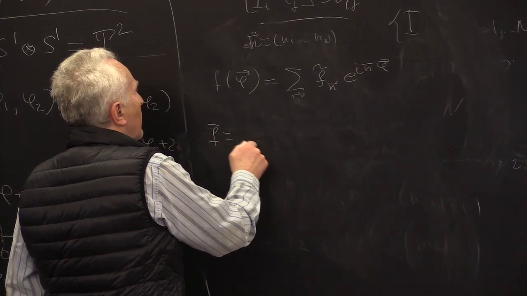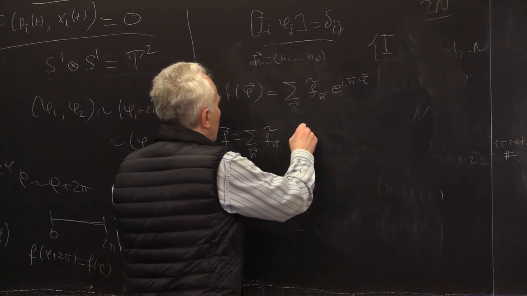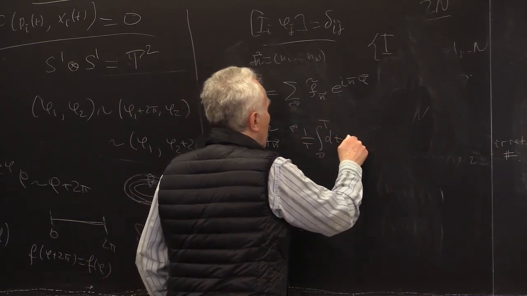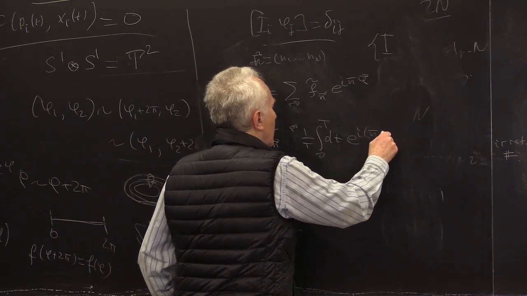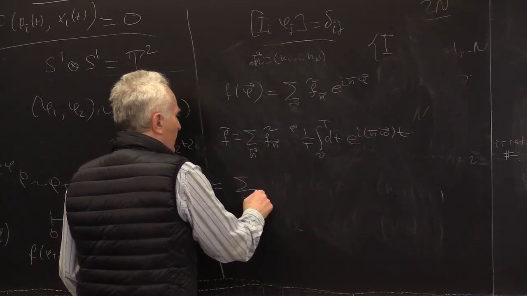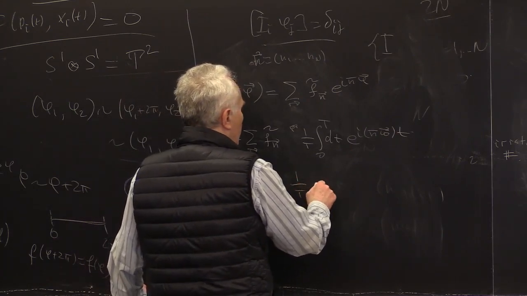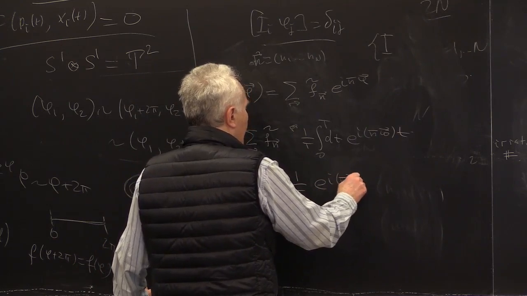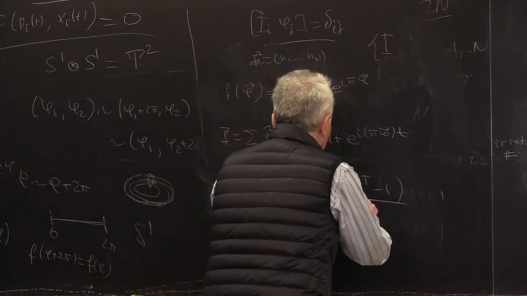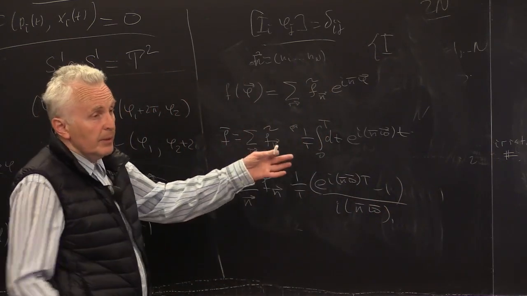So f is the sum over n, f_n tilde, 1 over T integral dt from 0 to T e to the i n omega t, which gives us, so far everything as before, except we use vector notation. 1 over T, and now the same formula as before.